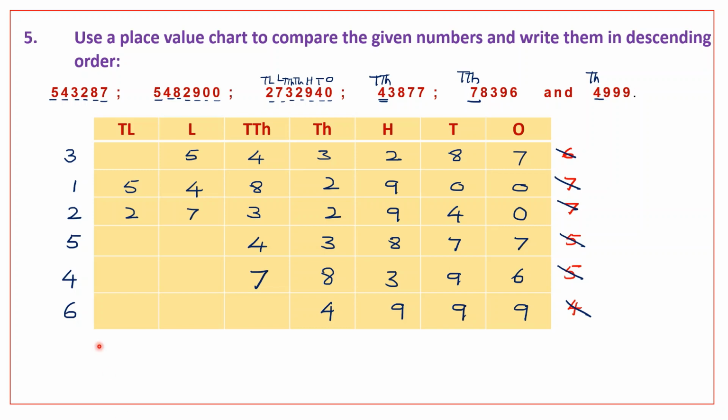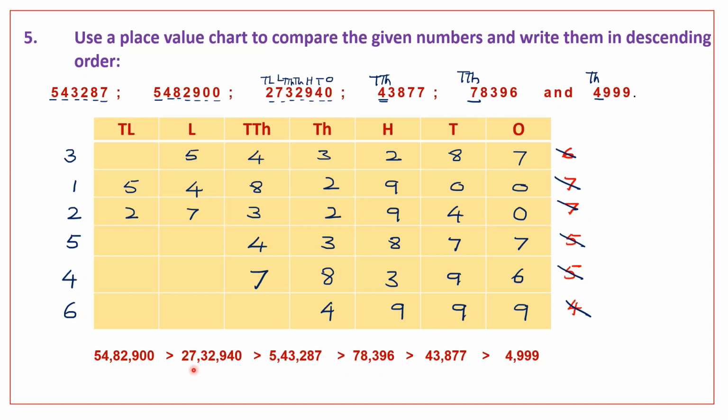So now we have our order 1, 2, 3, 4, 5 and 6. So let's write that down in descending order. So we have our numbers here in descending order. Let's read this and see. So this is 54 lakh 82,900.